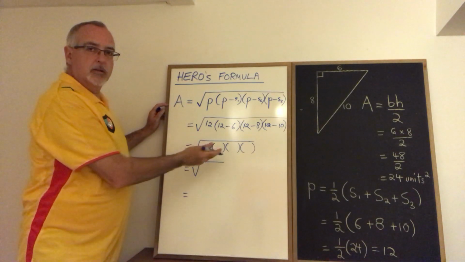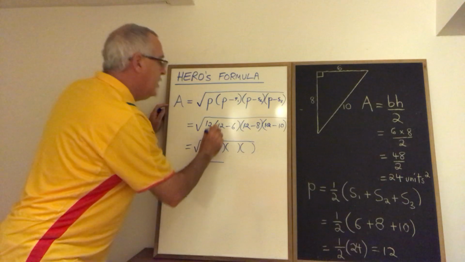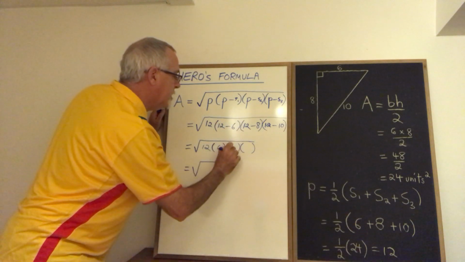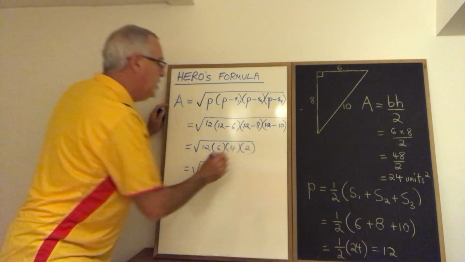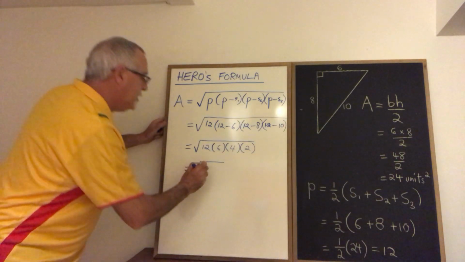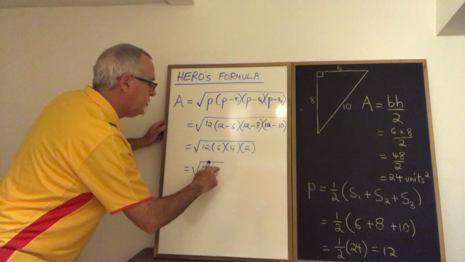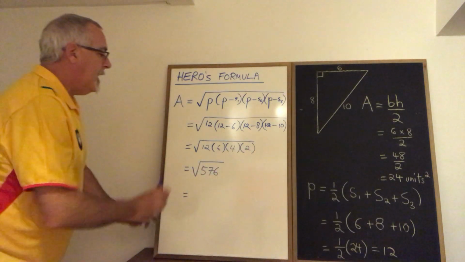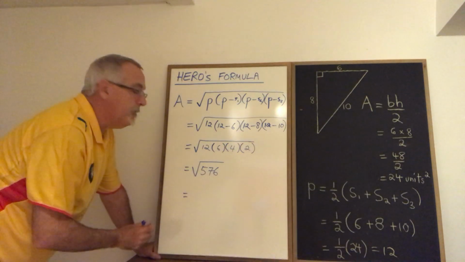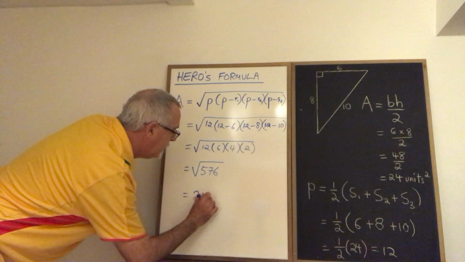Now we can see how quick it's going to be to simplify this. 12 minus 6 is 6, 12 minus 8 is 4, 12 minus 10 is 2. Now I'm doing 12 times 6 times 4 times 2, which is going to give me 576. And I have to square root that. The square root of 576 is, you guessed it, 24.